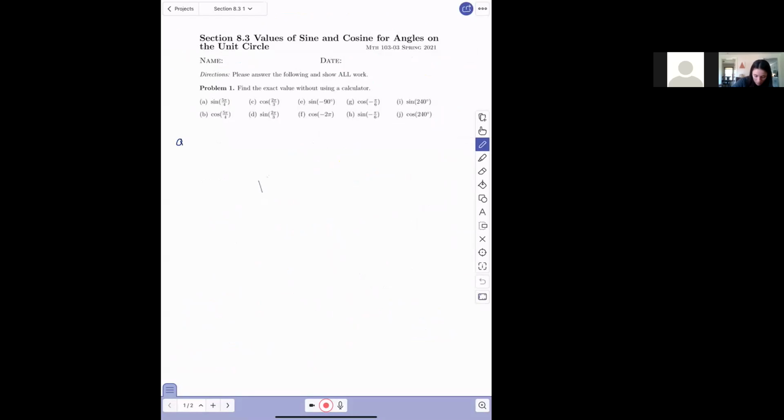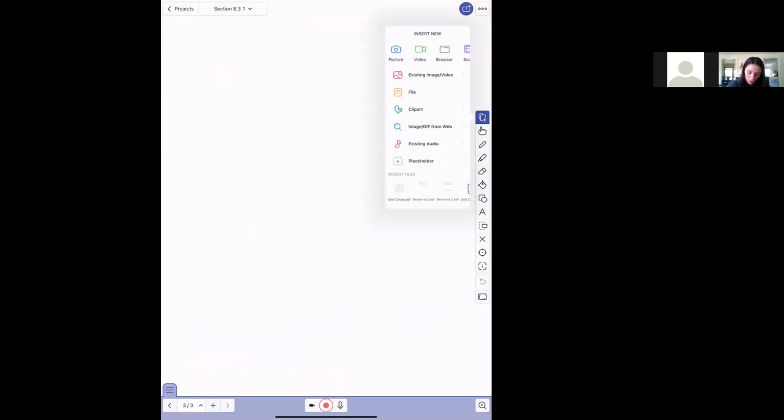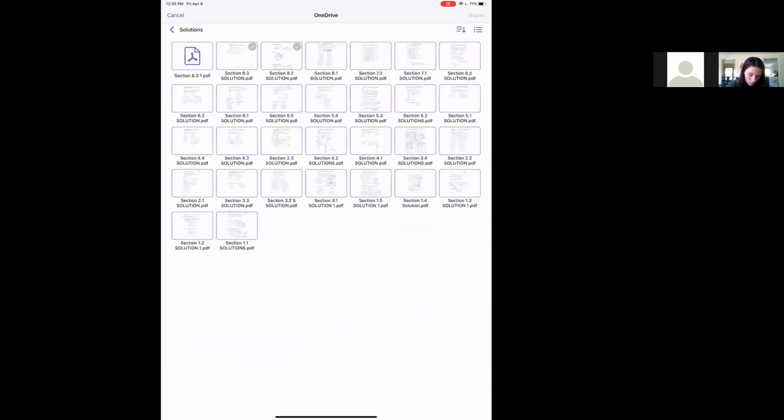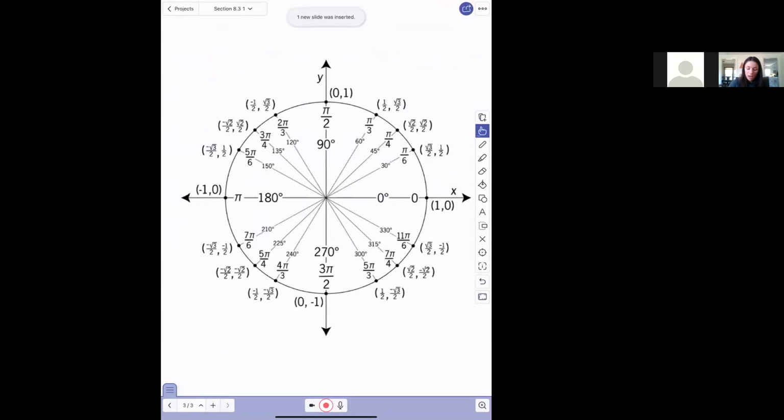So for problem A, sine of 5 pi over 4. So if I find 5 pi over 4 on this, let me insert another one of these that's a little neater to look at. Okay, 5 pi over 4, so I have to look at my radian measurements.